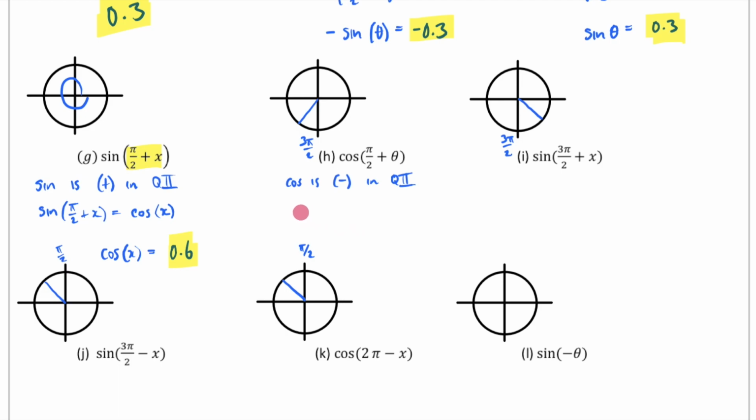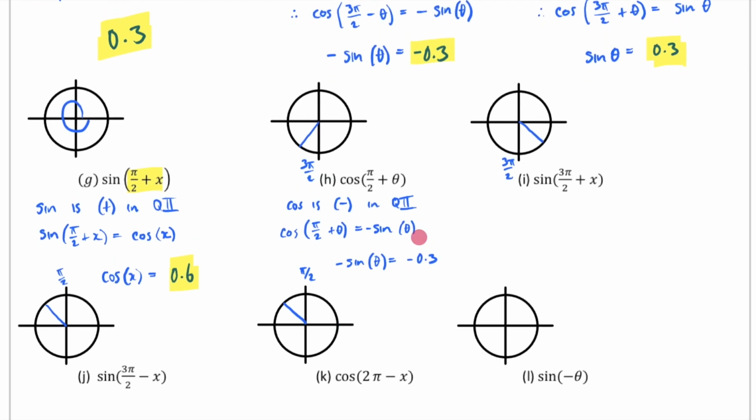Then I could say cos of pi over 2 plus theta, I know I'm going to change my cos to a sine, and then it's just going to be sine of theta. And then remember, this is going to be negative because we figured this out. So now I just need to figure out what negative sine of theta is. And I know that is going to be negative 0.3, and we know that because we're told what sine is up above. So that is my answer to this question.